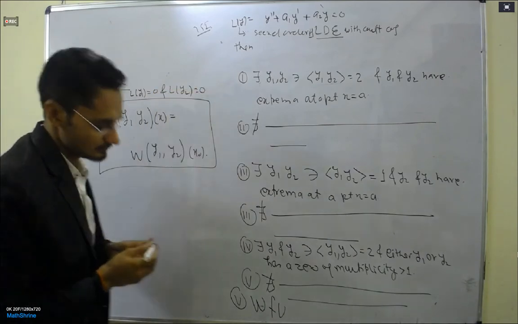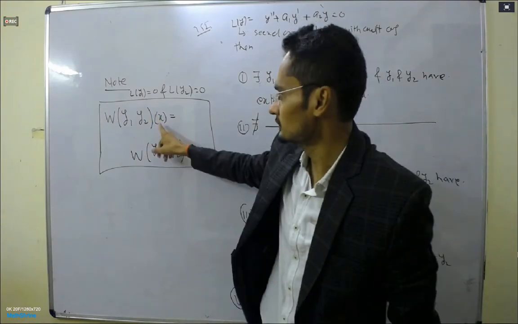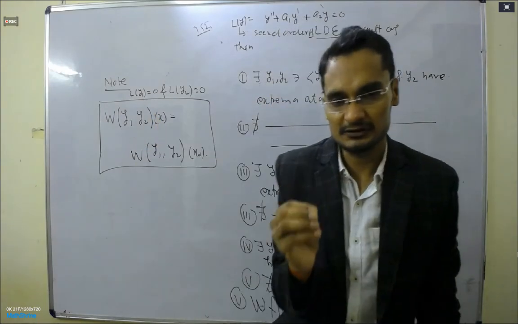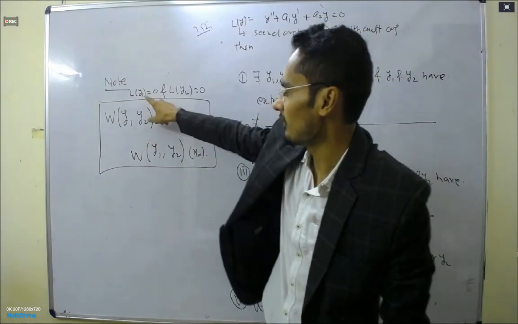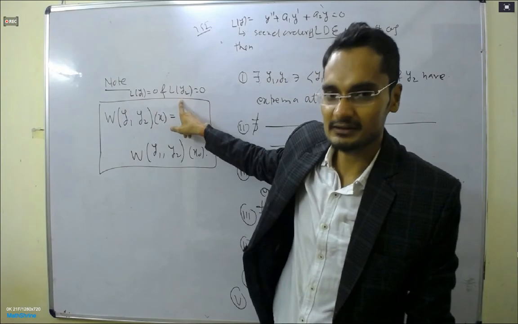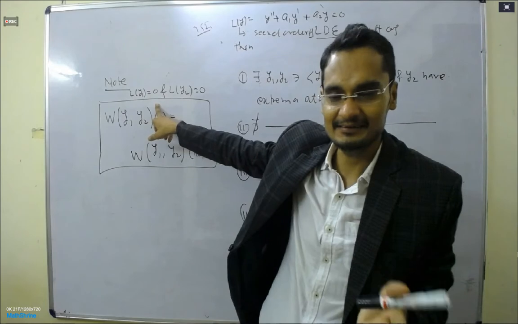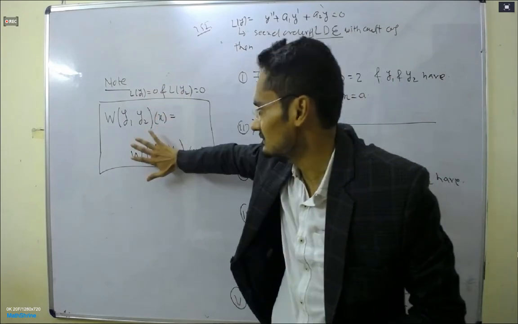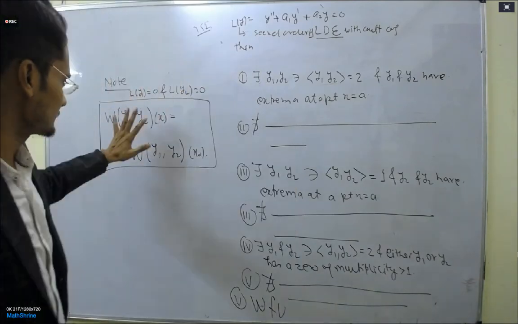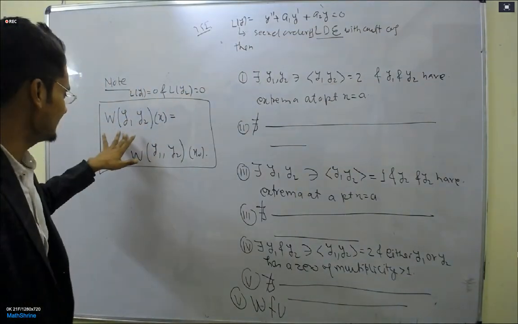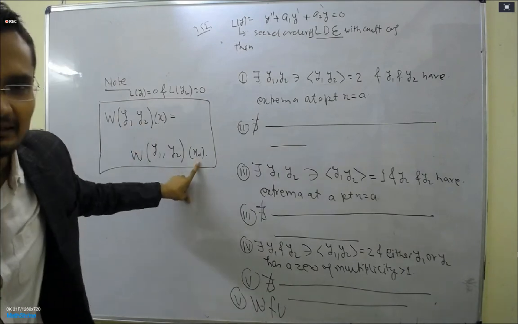What it means is that the Wronskian can be calculated from the Wronskian at a fixed point. In the last class, we saw the Wronskian for linear independence and linear dependence. If the Wronskian is non-zero, we say y1 and y2 are linearly independent. Right? We have seen this. Again, this result is true only when y1 and y2 are solutions of a differential equation.